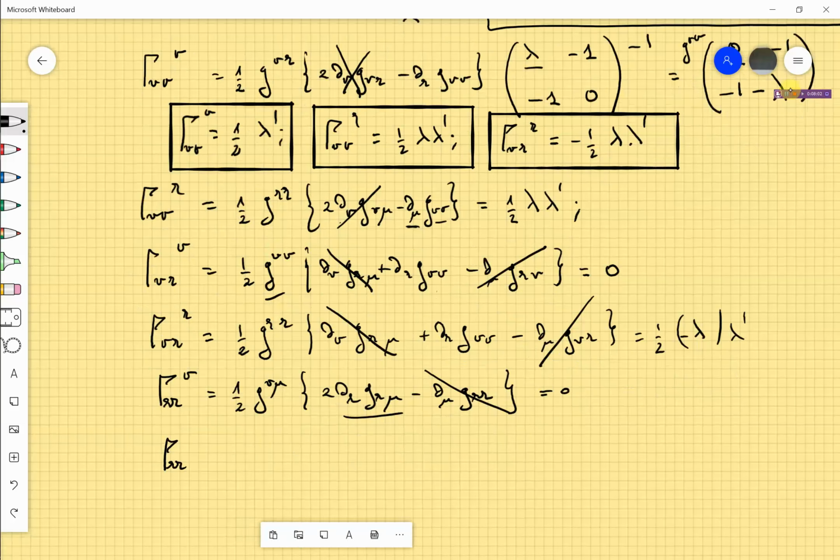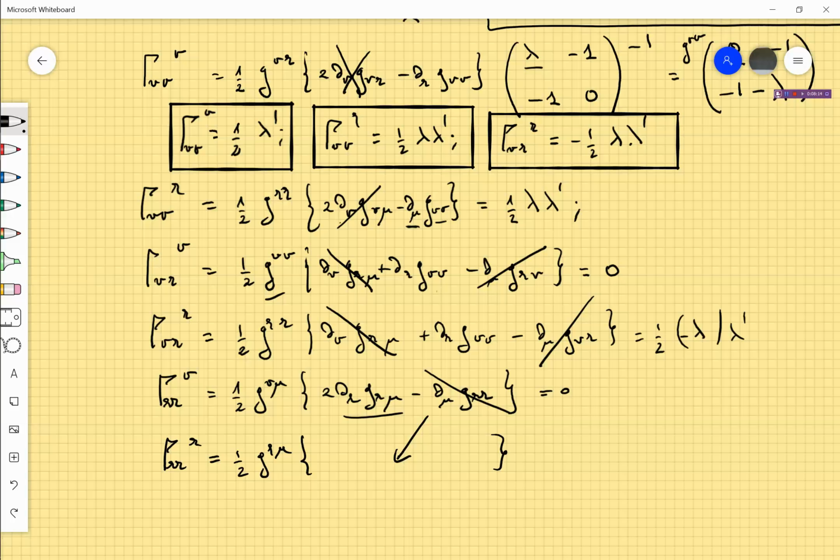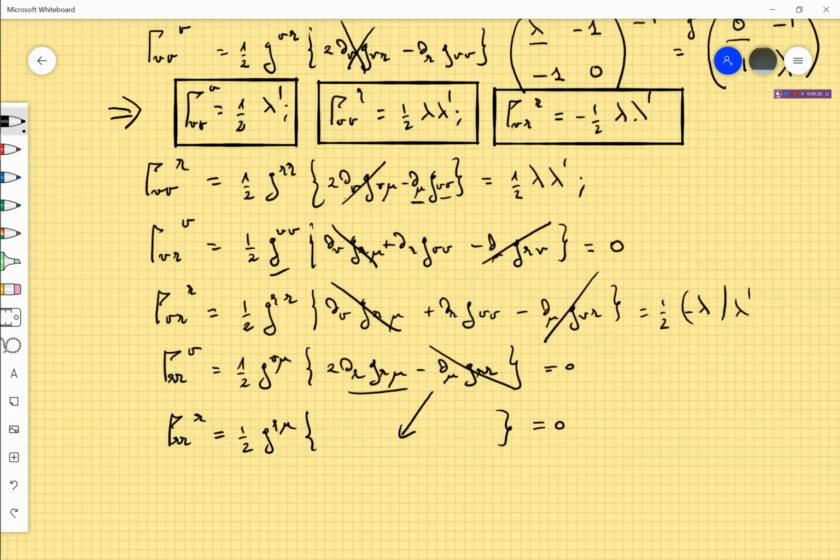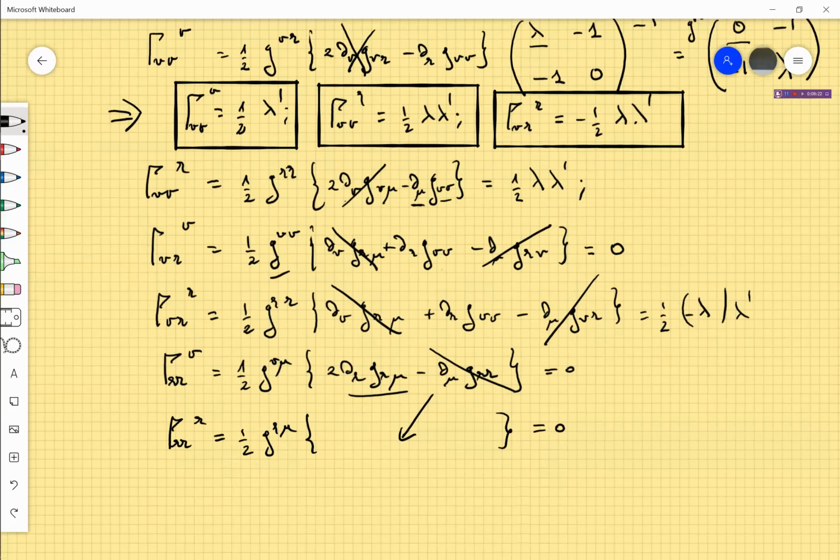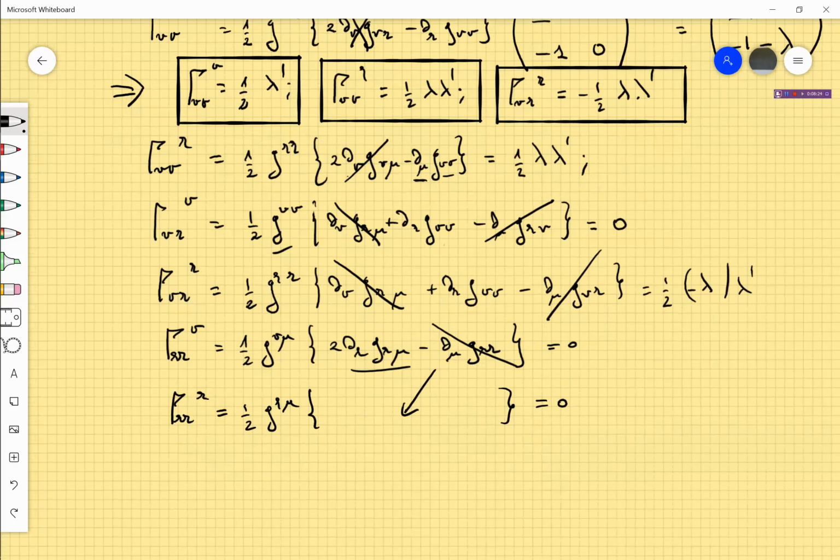The point is that here we get the same thing, and this was 0 by itself. Okay, there was no way this was not 0, so this is going to be 0, and we arrive only to these 3 non-vanishing components of the Christoffel symbols.